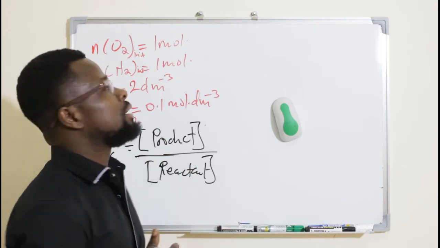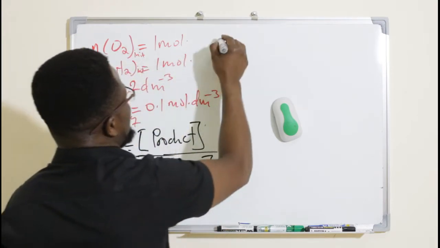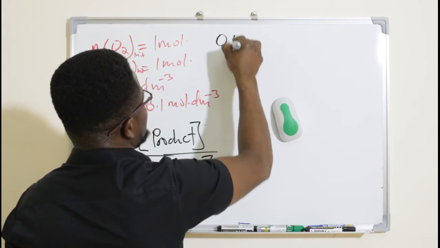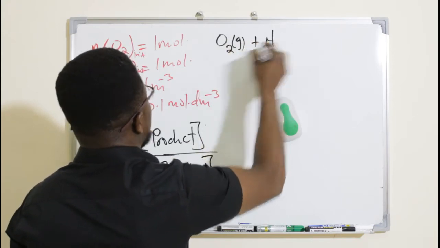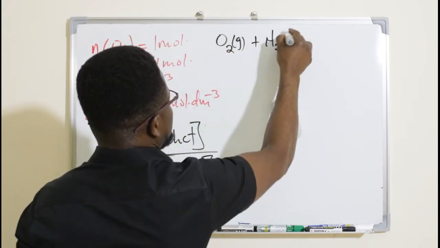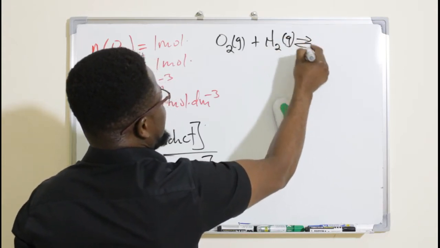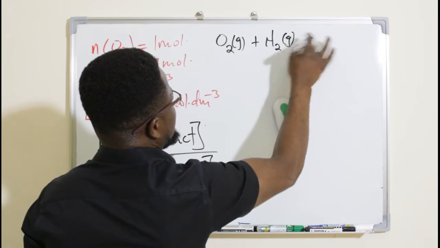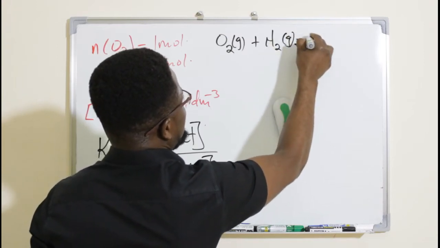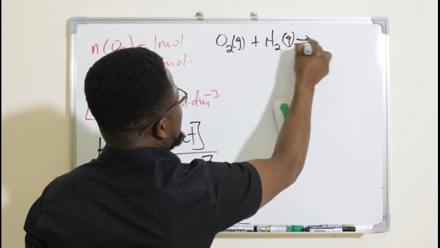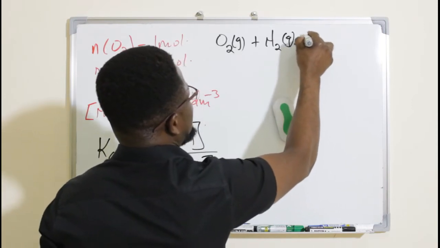the reaction. The reaction is between oxygen gas and nitrogen gas. And we can see that, okay, let me just use this double arrow. So we can see that they are giving us what?